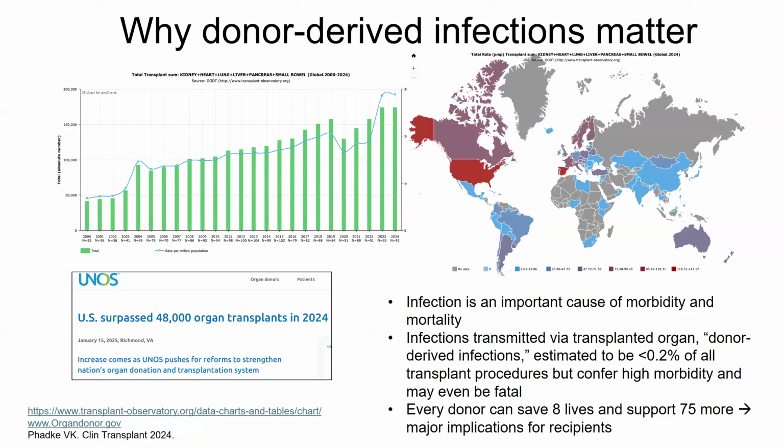So maybe just to provide some context, why donor-derived infections matter. Well, if you look at the graph on the top left corner here, this shows between the year 2000 to 2024, the absolute number of transplantation has gone nothing but up, with the exception of a couple of years during COVID, but then it just went back up as if nothing had happened.